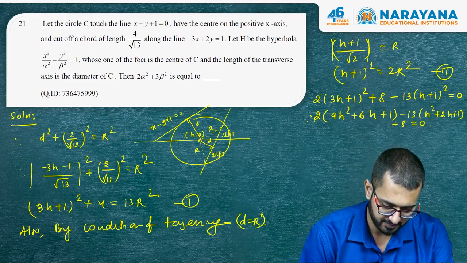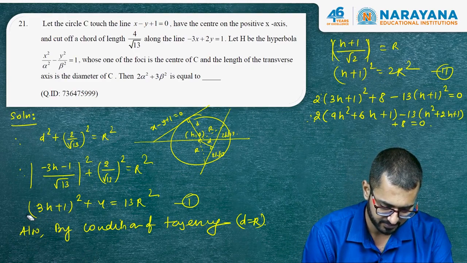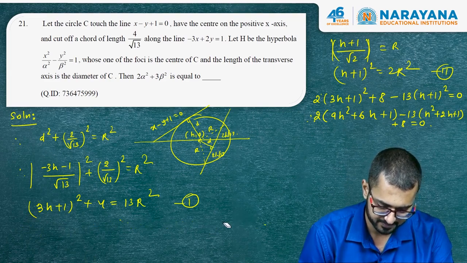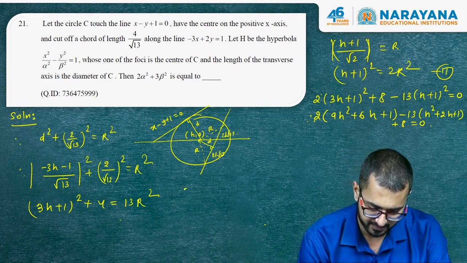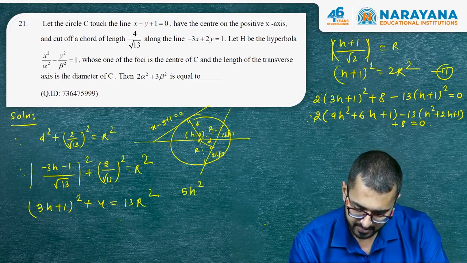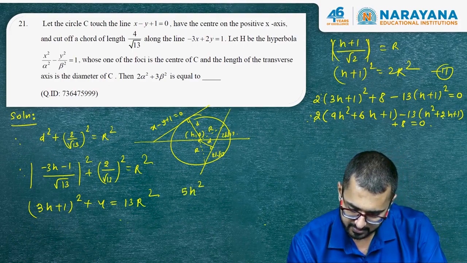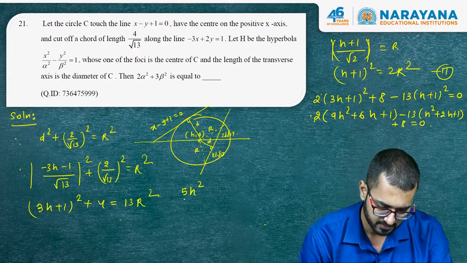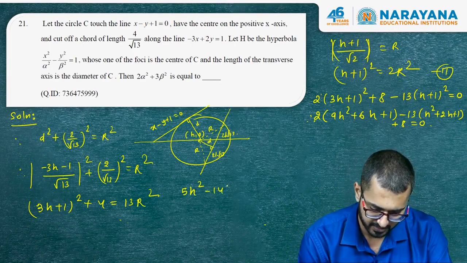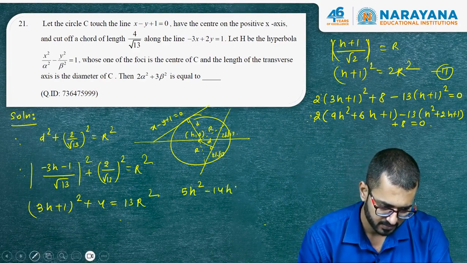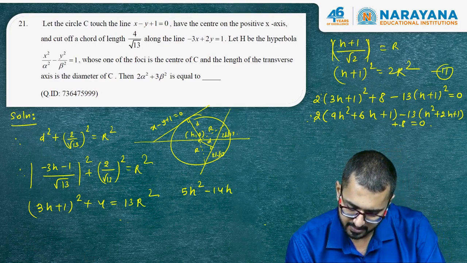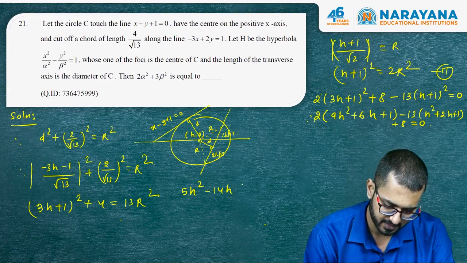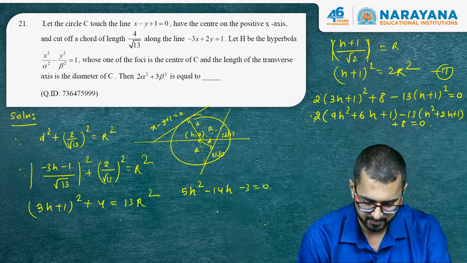So from this, removing the brackets, I'll be having 18 minus 13 is 5h², and then 12 minus 26 is minus 14h, and then 2 plus 8, 10 minus 13 is minus 3, equal to 0.